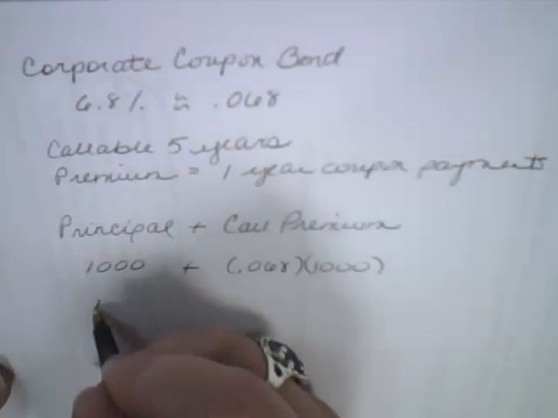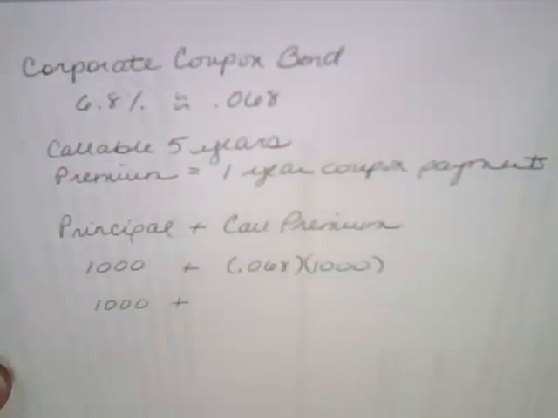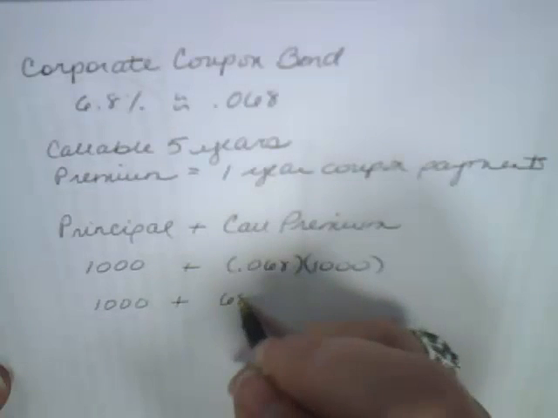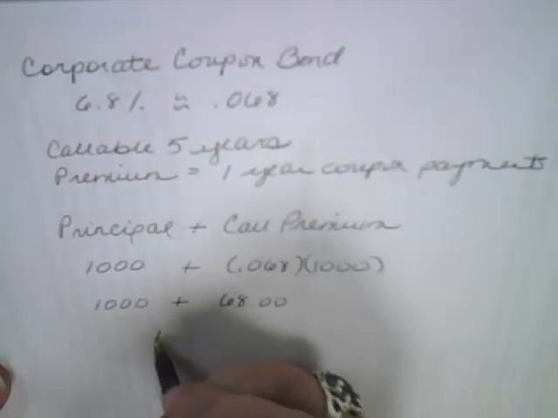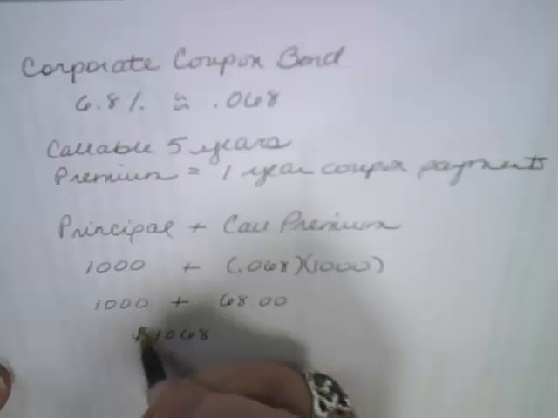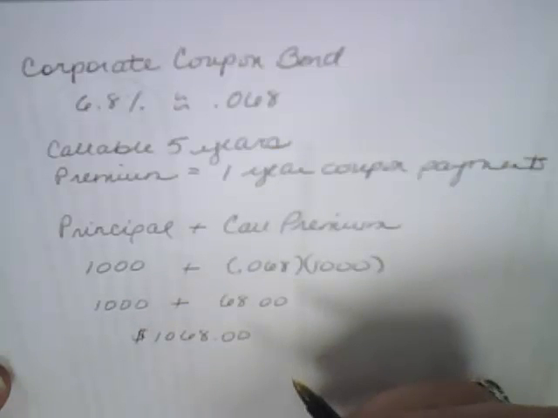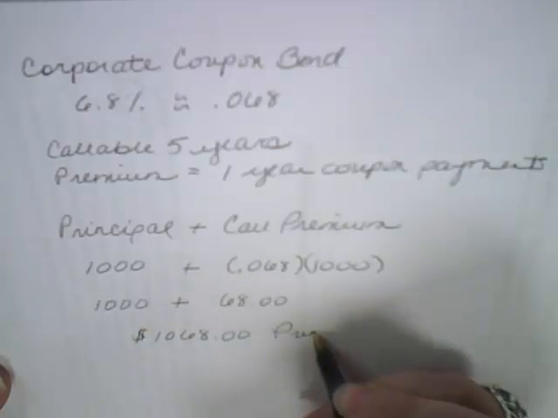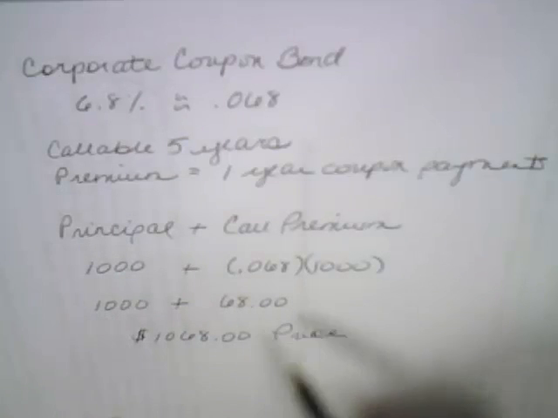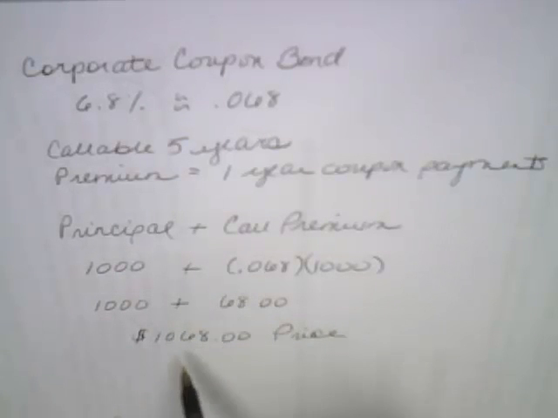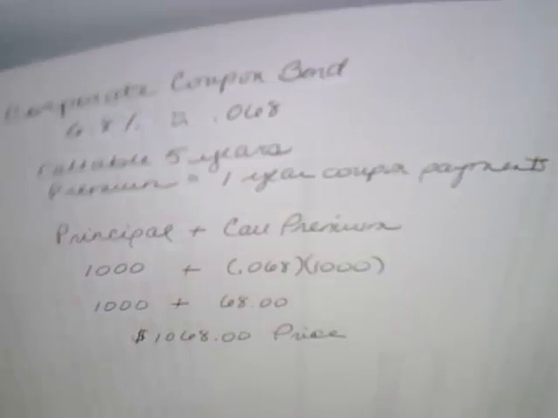If we add that in, that gives us our $68. We add that together, we end up with $1,068, and so that is the price that will be paid to the bond holder. It will include the original principal of $1,000 plus the bond premium, or the call premium, of $68.